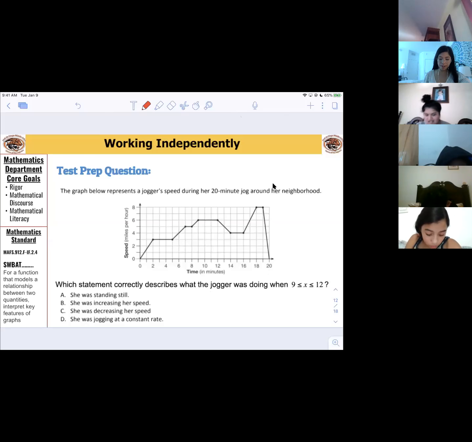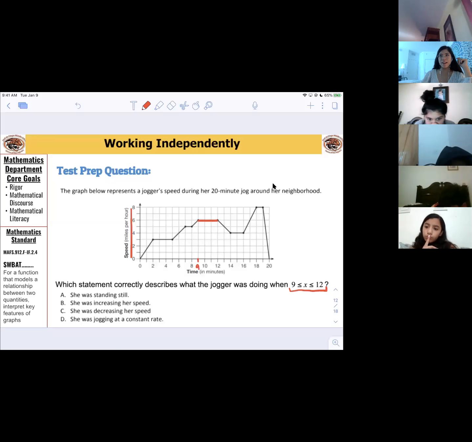Okay, so she's jogging, and the y-axis is giving me her speed, and that's going to be super important to analyze. So I'm looking between 9 and 12. So that means I'm looking at this flat line right here. This is a trick question, I'm not even kidding, guys.